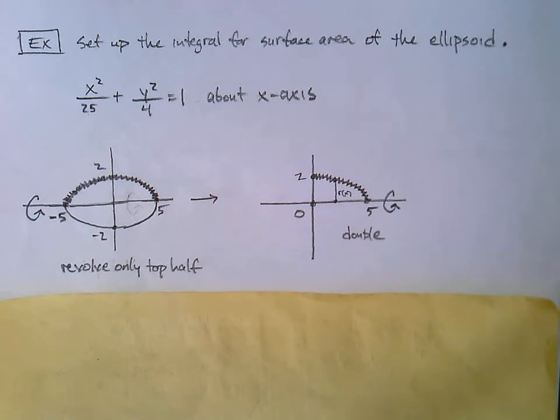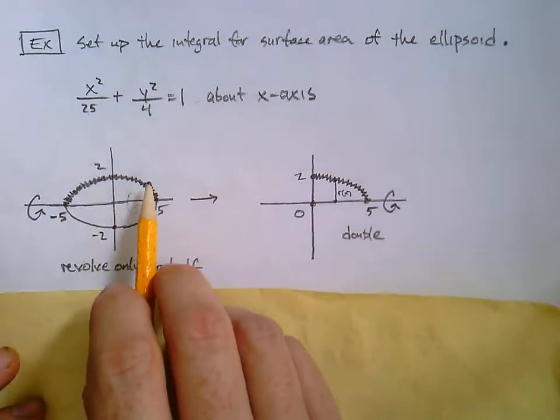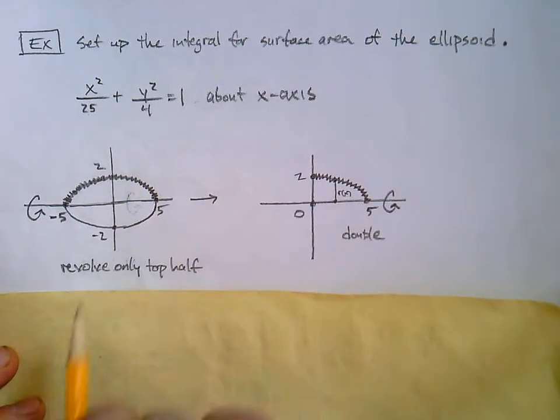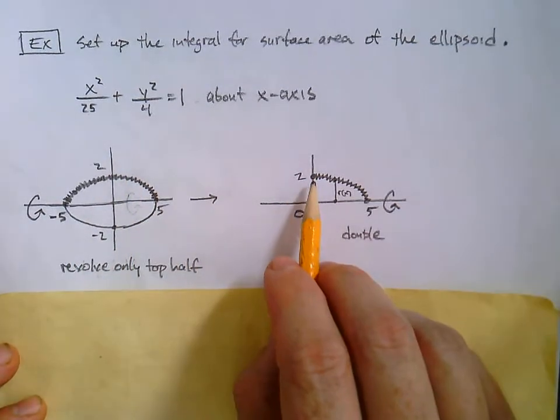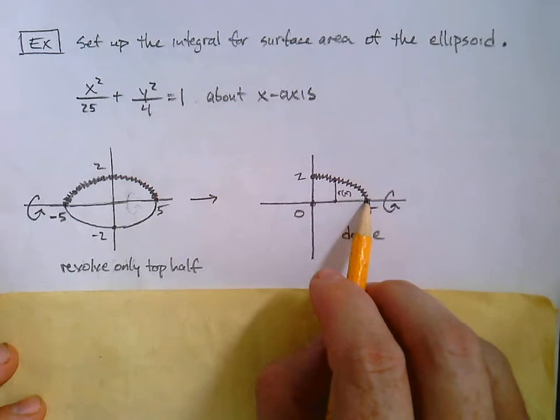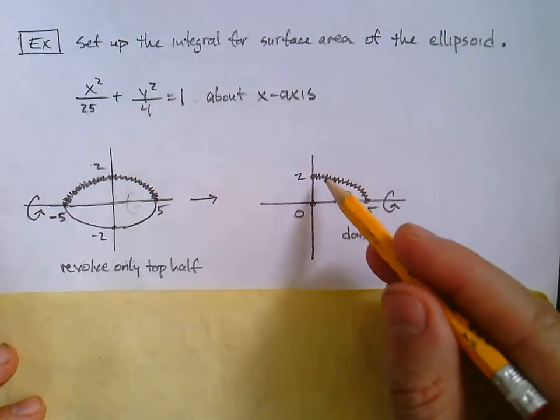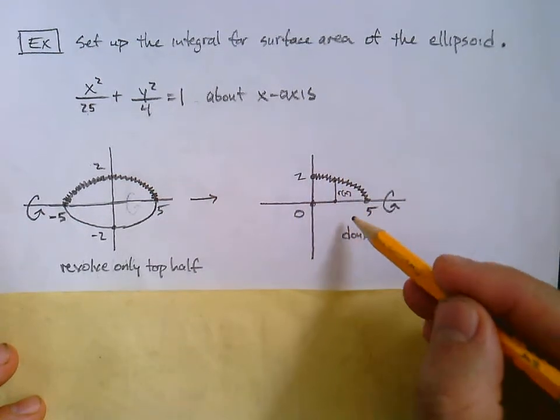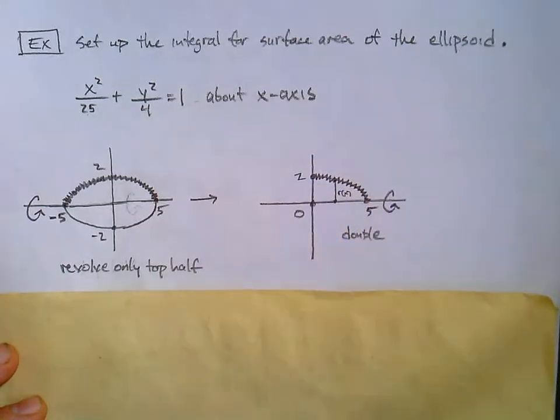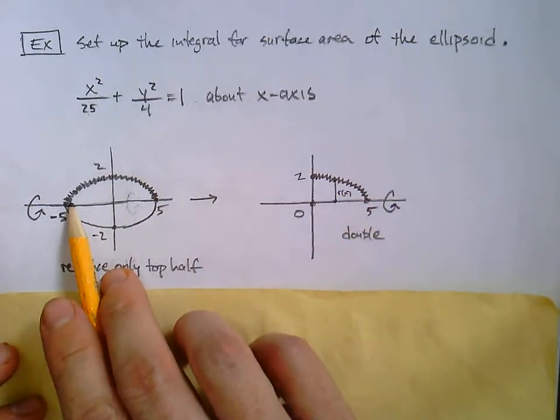And now here's a way to make our work just a little bit faster, a little bit simpler. Because we've got this nice symmetry through the y-axis, only consider the first quadrant. If we only consider the first quadrant spinning around, then we can double our answer and we'll get the other side as well.